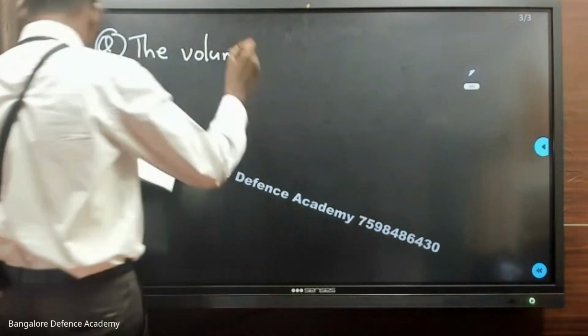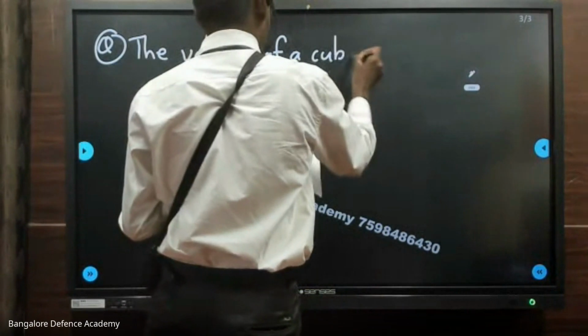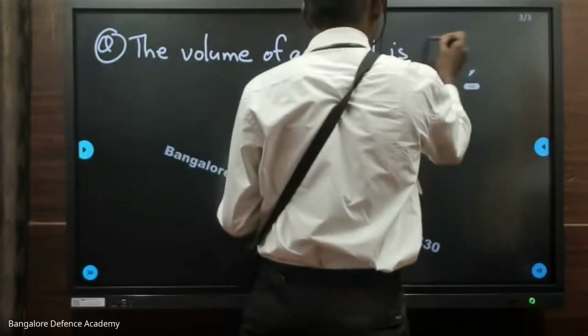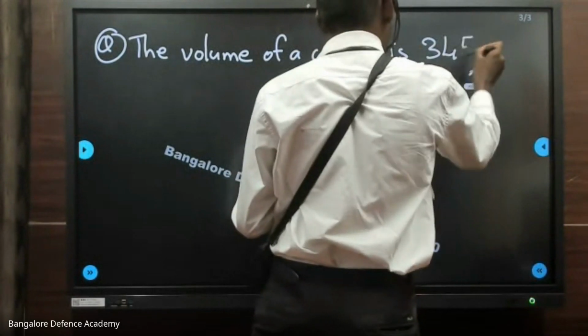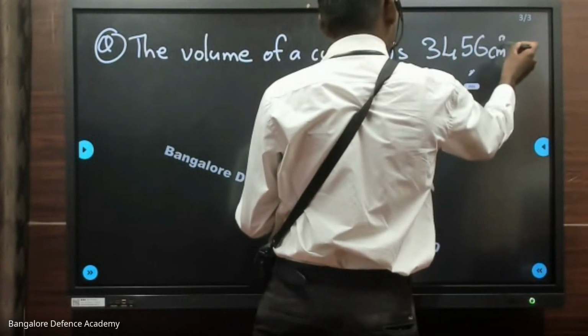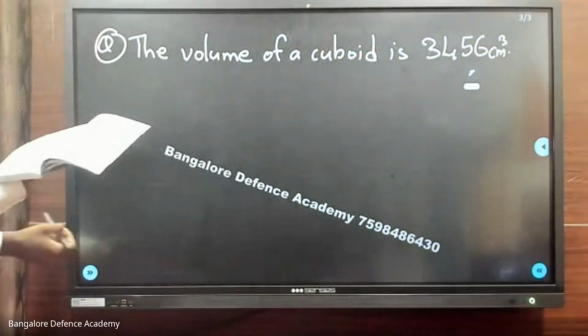Next question. The volume of a cuboid is 3456 centimeter cube. Write down the next question.